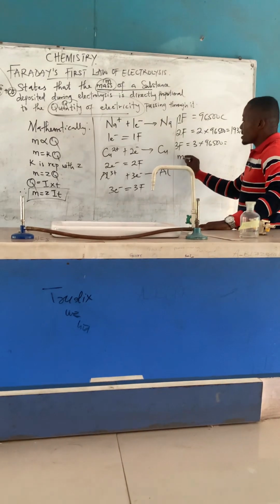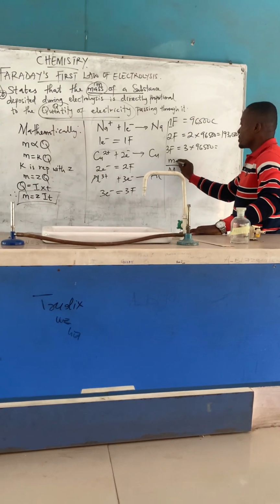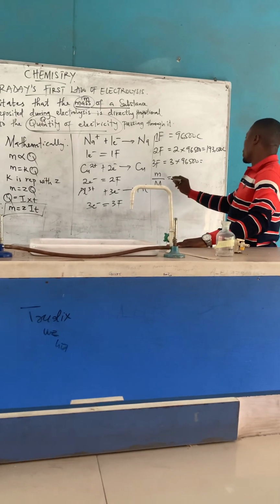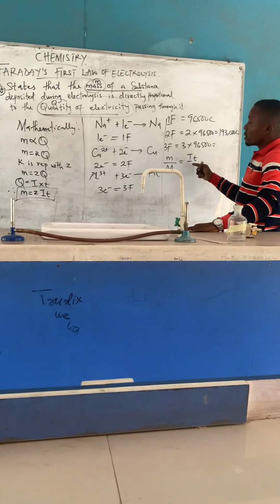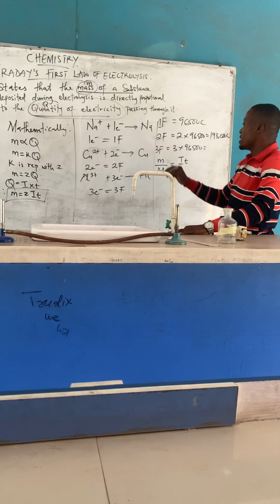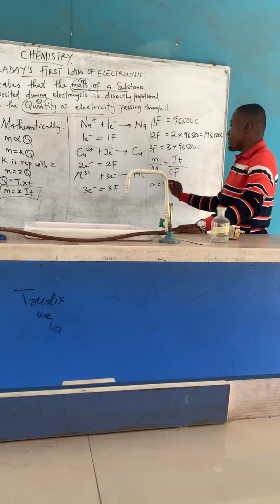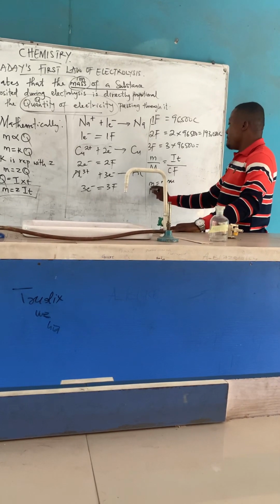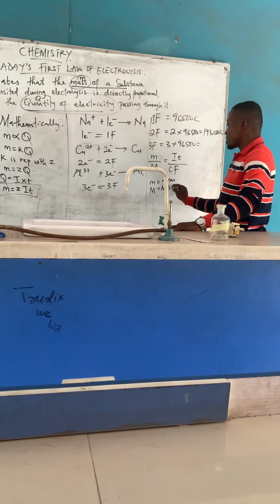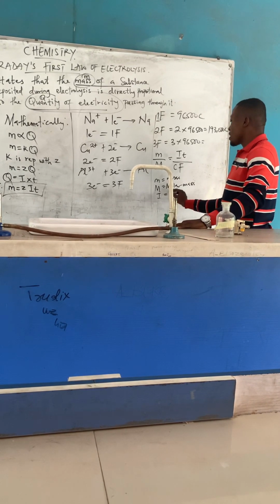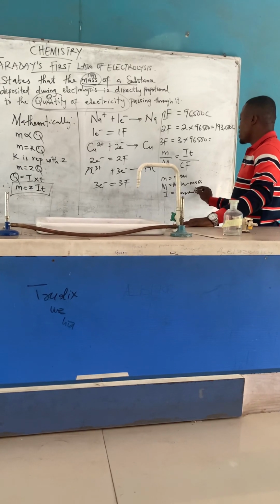So now, therefore, to include our Faraday, we convert our initial formula into mass over molar mass equals IT over CF. Hope you know what we mean by IT. IT means quantity of electricity. Here, m is the mass, big M is the molar mass, I is the current, and current is represented with ampere.